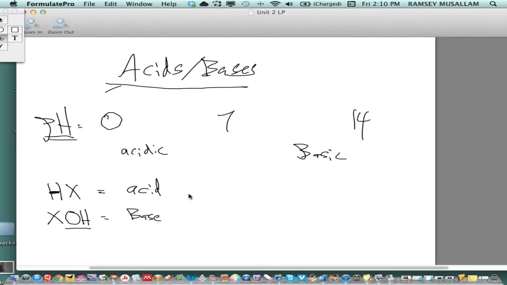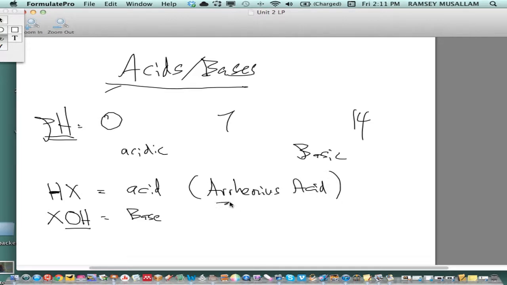This kind of acid is not just called an acid; it's called an Arrhenius acid.